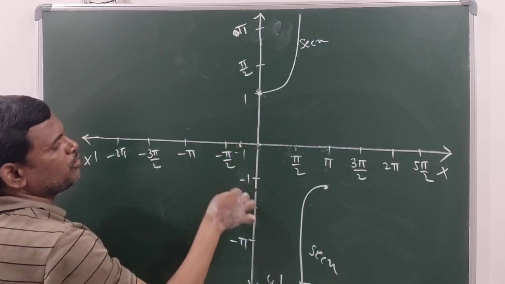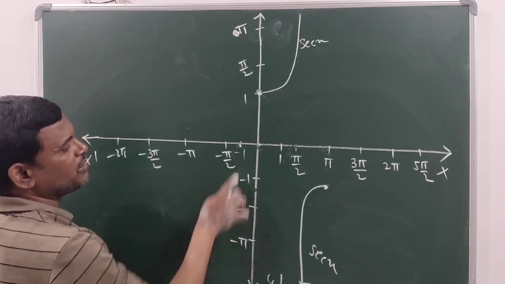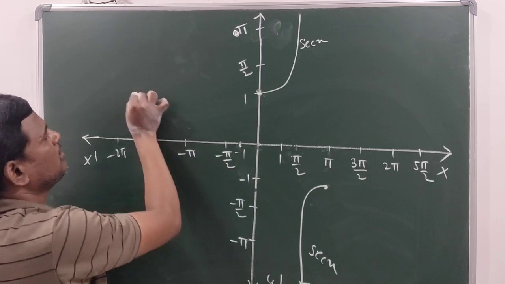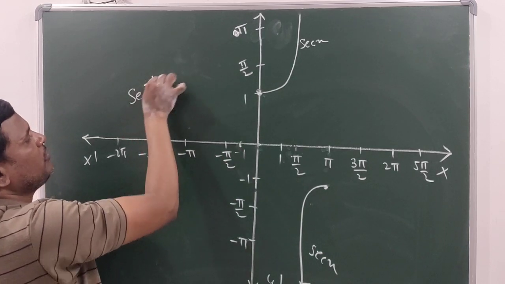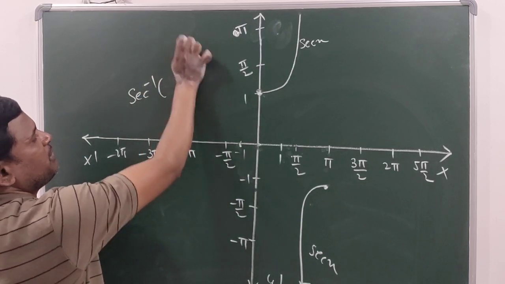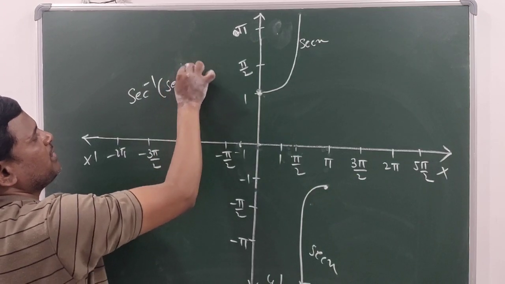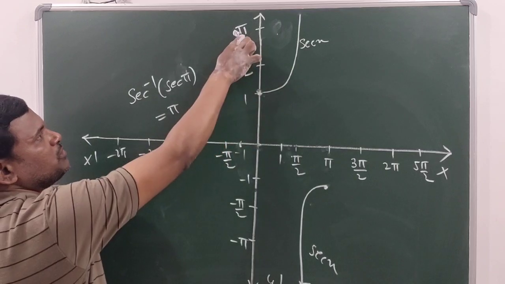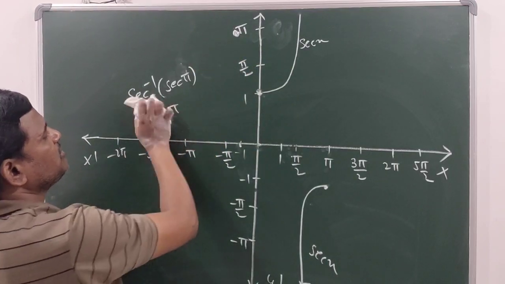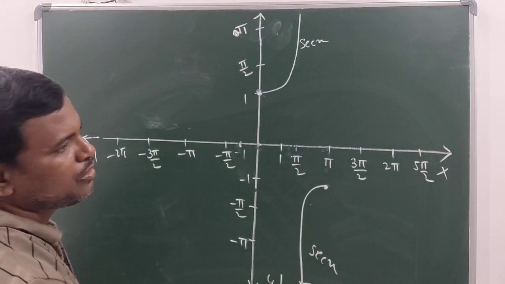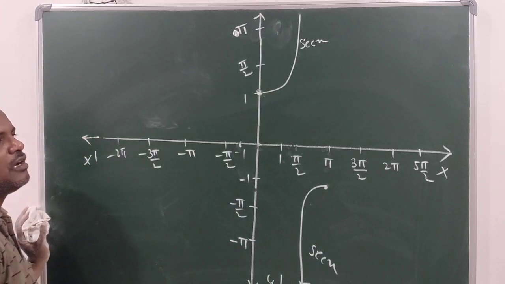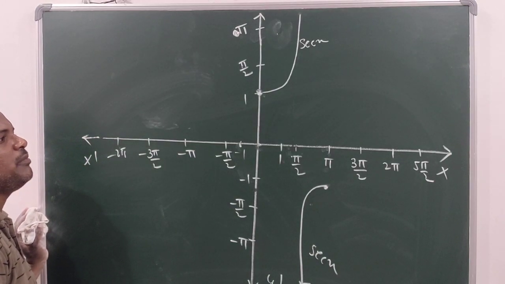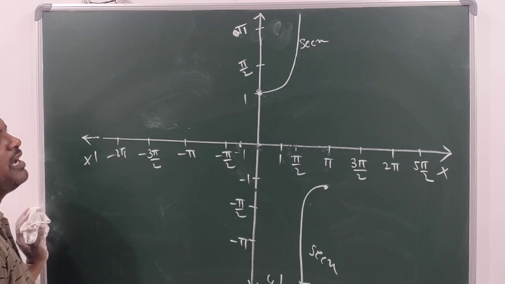Here it is minus 1 on the x-axis. Here it is plus 1. When you put minus 1, okay students, secant inverse of minus 1. This one you have to express in terms of secant pi. So the result will be pi. So minus 1 is the domain value, the respect to range is pi. Minus 1 comma pi. Okay, students. Now, okay, tell me next.